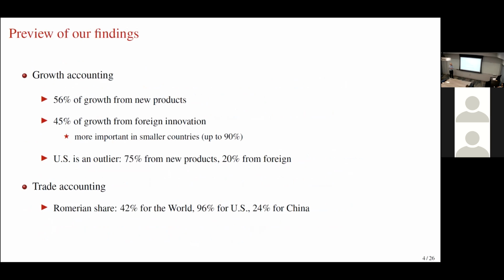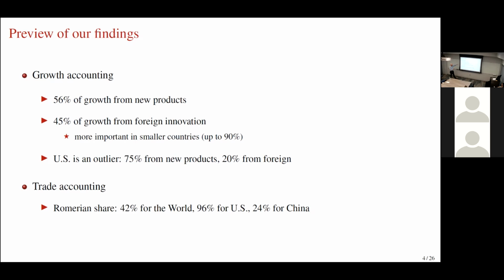Okay, so I'm going to go into more detail, but before that, let me just preview the results, which are going to be the growth accounting. 56% is going to be Romer, 44% is going to be Aghion-Howitt, Grossman-Helpman. And then how much comes from own innovation versus foreign innovation, because you're going to get this benefit from importing products from other countries? We're going to get kind of 50-50.